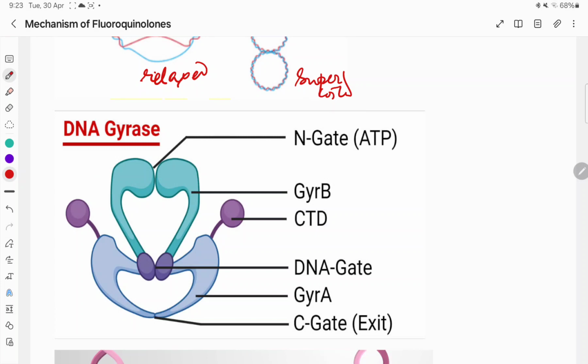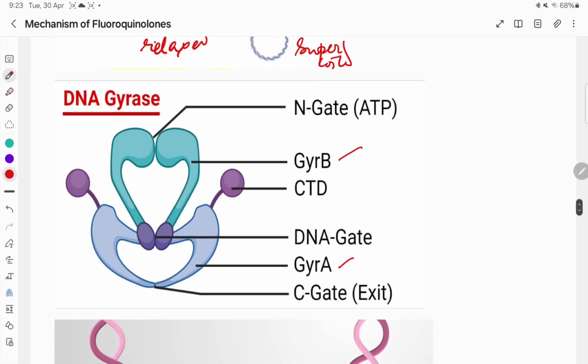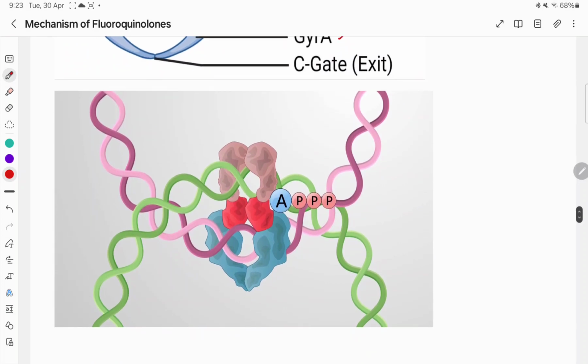DNA gyrase has 4 subunits, 2 gyrase A and 2 gyrase B, and this is the structure of the DNA gyrase. That DNA gyrase resolves the supercoiled DNA so that there will be relaxed DNA, and only then can there be DNA replication. Suppose this is one DNA and this is intercoiled with another DNA.